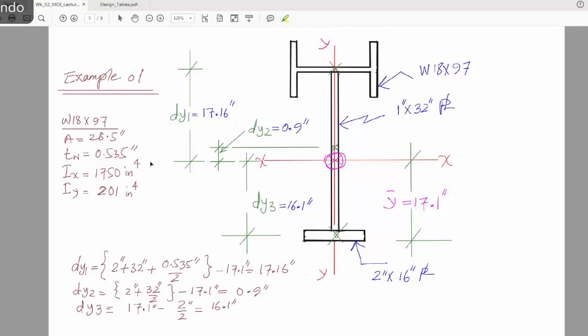For section W18 by 97 you'll find the area is 28, thickness of the web is 0.535 inches, Ix, moment of inertia about x, with the beam oriented like that, is 1750, and Iy is 201. But keep in mind this is rotated, so it will be switched.